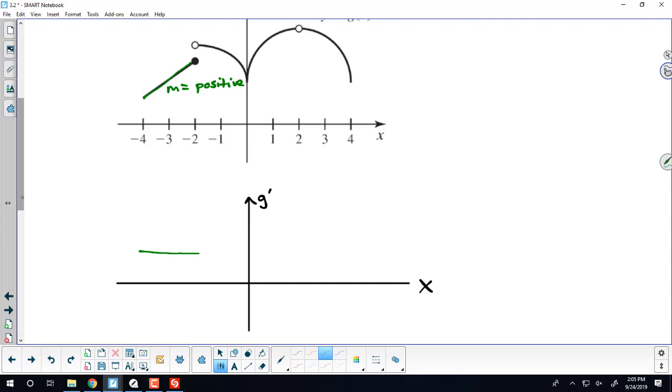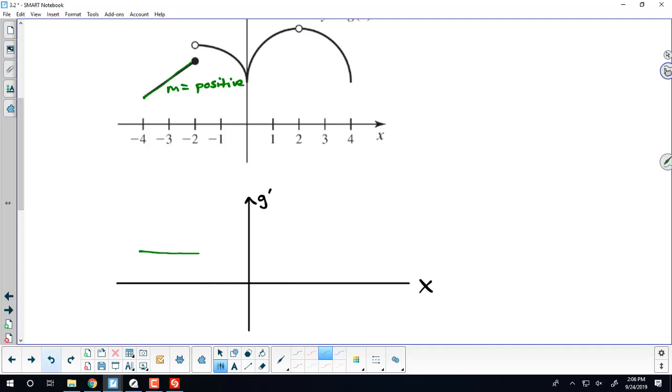Derivative is always positive, and whatever that slope is, maybe it's 1, maybe it's 2. So notice the difference between the derivative on a line versus the derivative when it's 0. The derivative at peaks and troughs, we plot on the axis itself as a point.